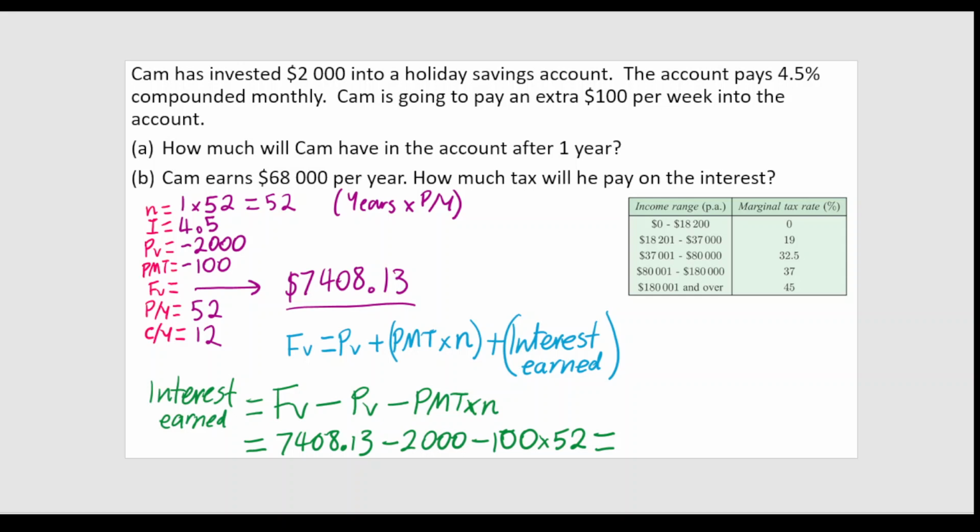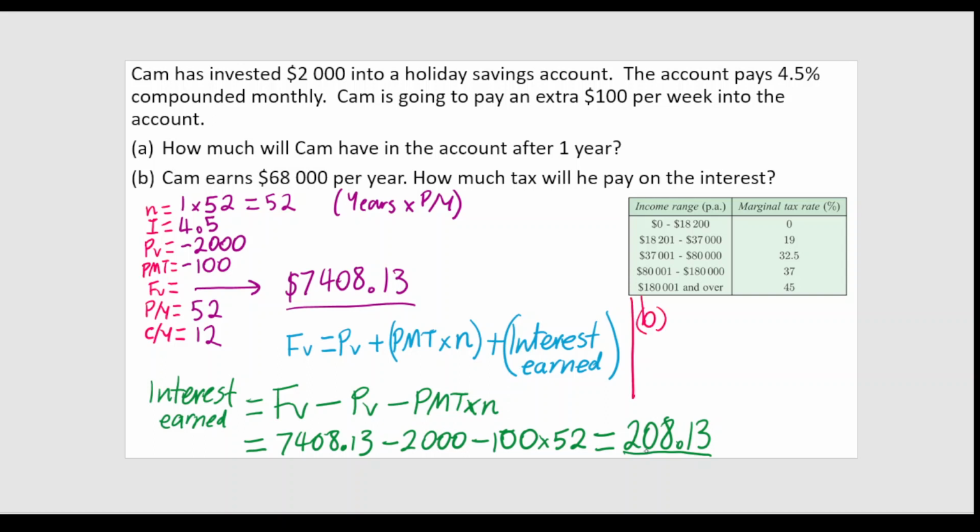So if we plug that into a calculator, we can see that we end up with $208.13. That $208.13 is the amount of interest he earned. Now he's only had it in there for a year, so that is a fair assumption. So we can say that that's a reasonable amount. What we need to do now is part B.